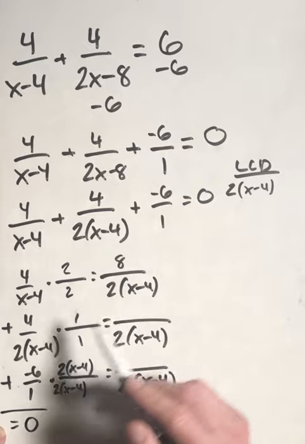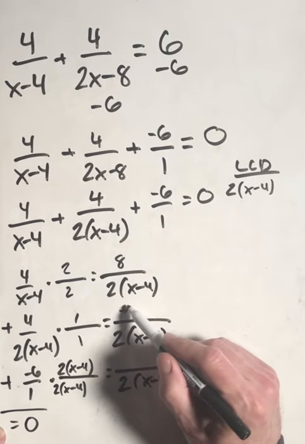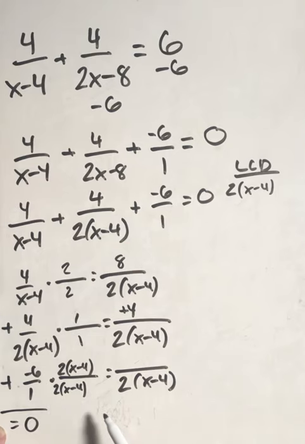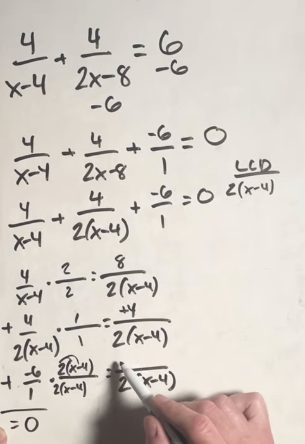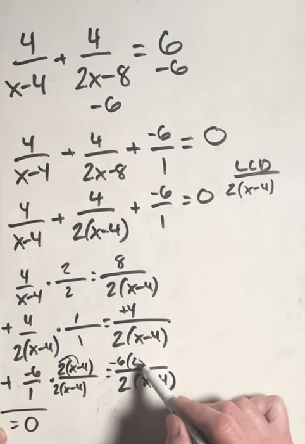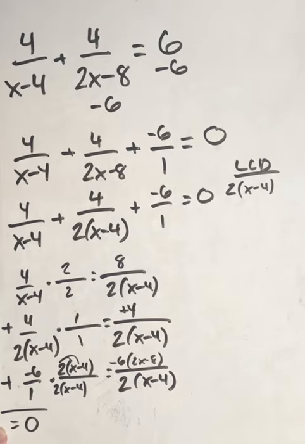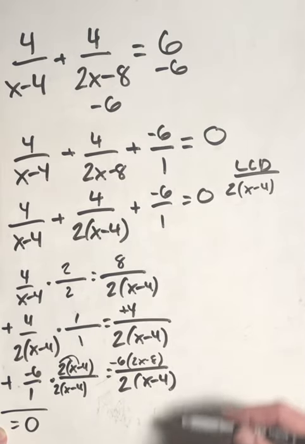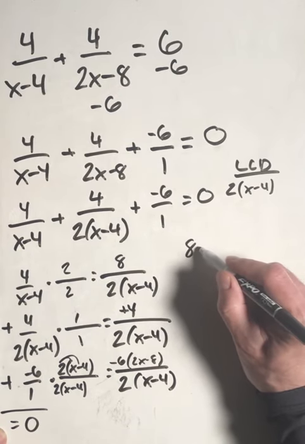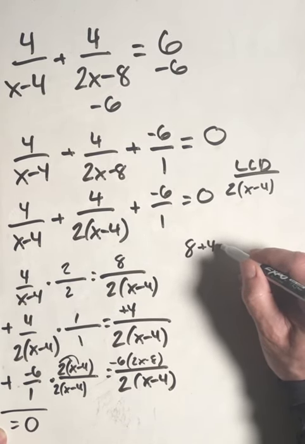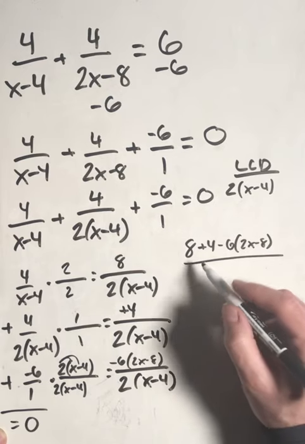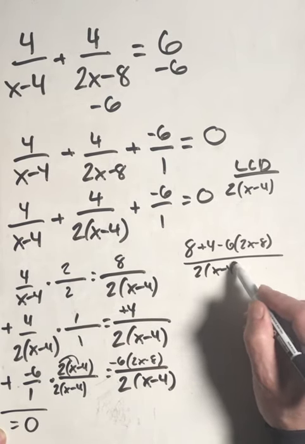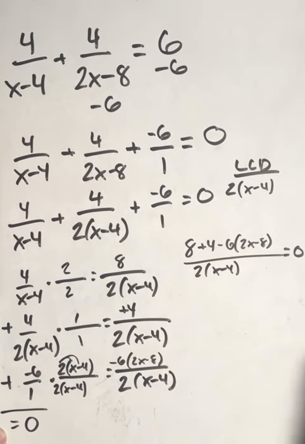4 times 2 is 8, plus 4 times 1 would be plus 4. And now we can distribute here. We have negative 6 times 2 parentheses x minus 4. So we can multiply here first, 2x minus 8. So we really have negative 6 times 2x minus 8. So now we can re-express everything. We have 8 plus 4 minus 6 parentheses 2x minus 8 all over our LCD of 2 parentheses x minus 4, and that whole thing equals 0.